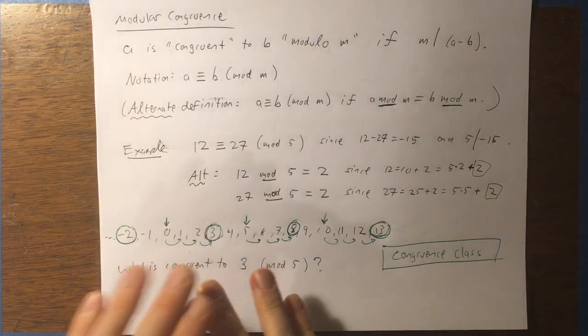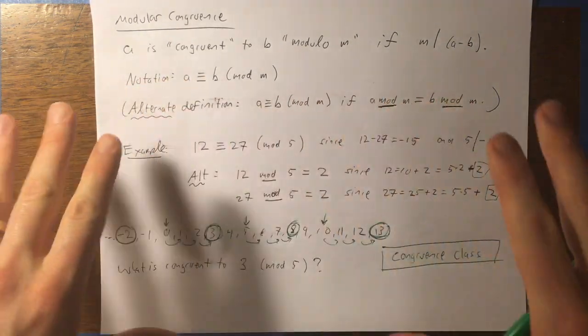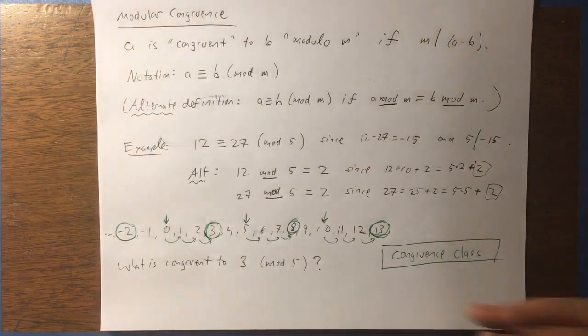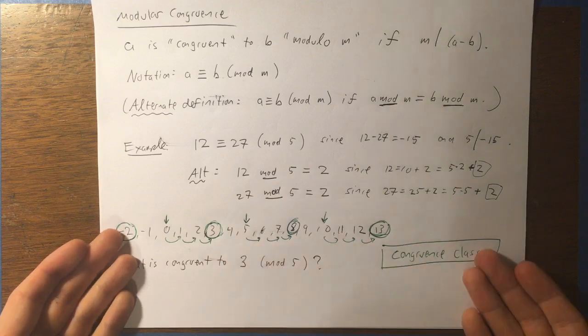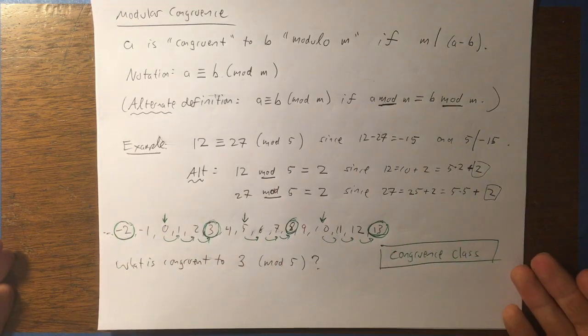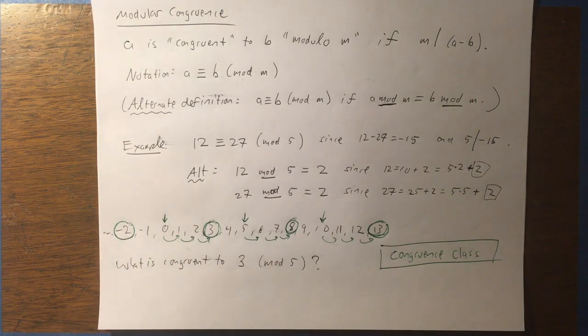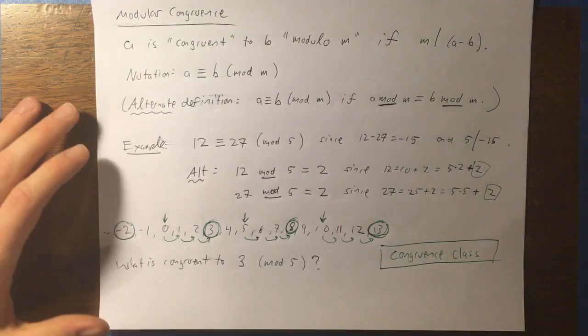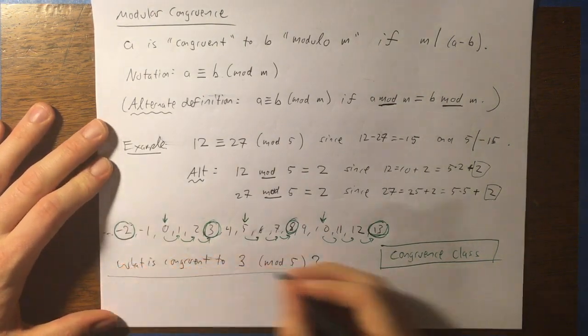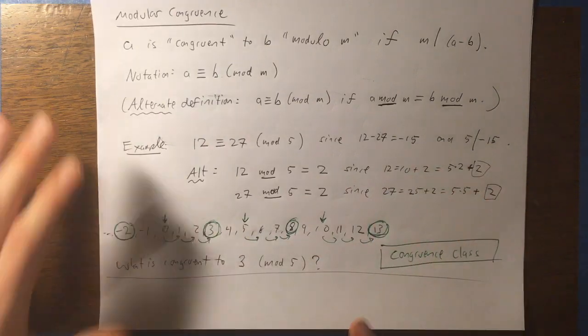Modular congruence is an example of an equivalence relation, and they create things called equivalence classes, which is what this congruence class is. It's the set of all integers that are congruent to each other modulo some specified number, in this case, modulo 5.